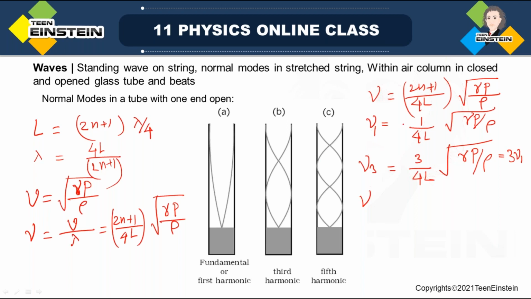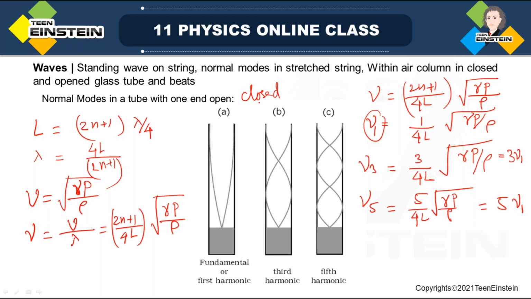Now if we put n is equal to 2, then we get new 5, so there will be 5 divided by 4L along with root gamma P by rho. This should give 5 into new 1. So this is the lowest frequency new 1, which is called the fundamental frequency, which can be excited in a closed pipe.